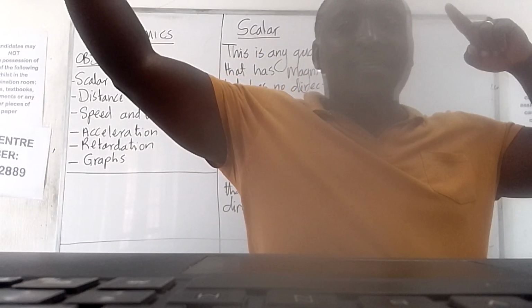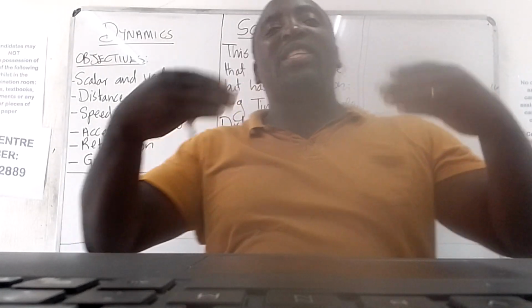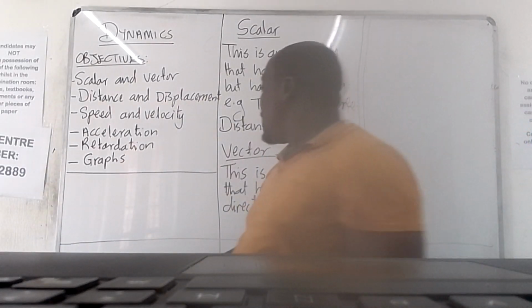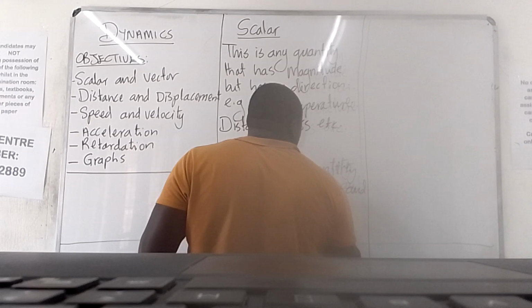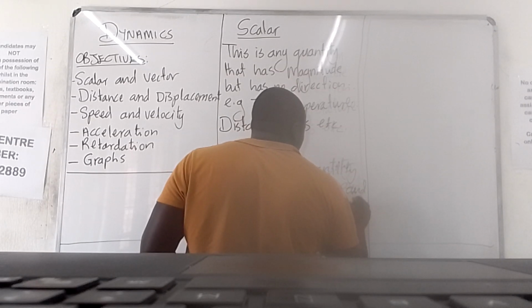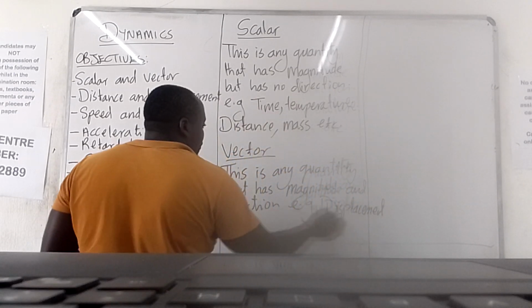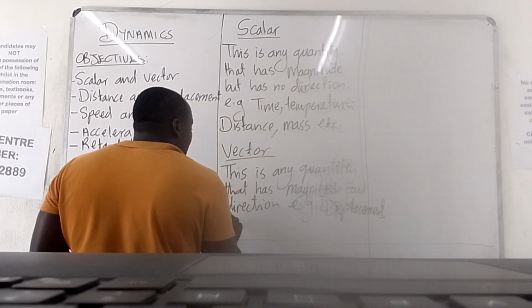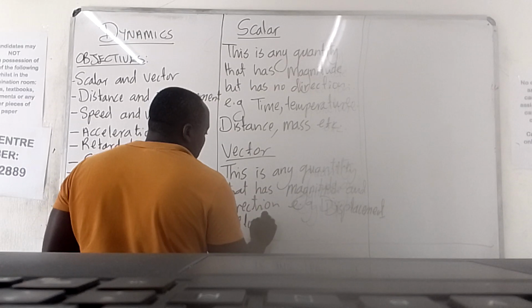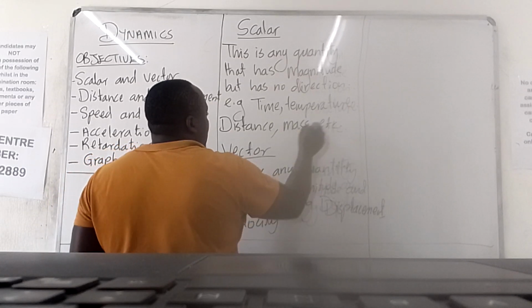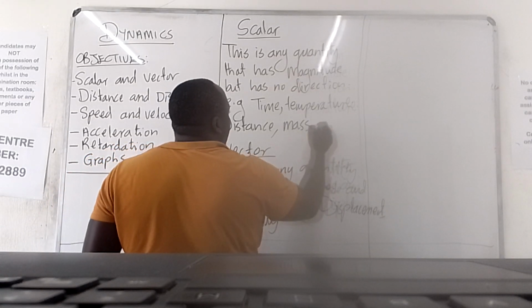So displacement has a specific direction. We have displacement, velocity, and here we can even add speed.